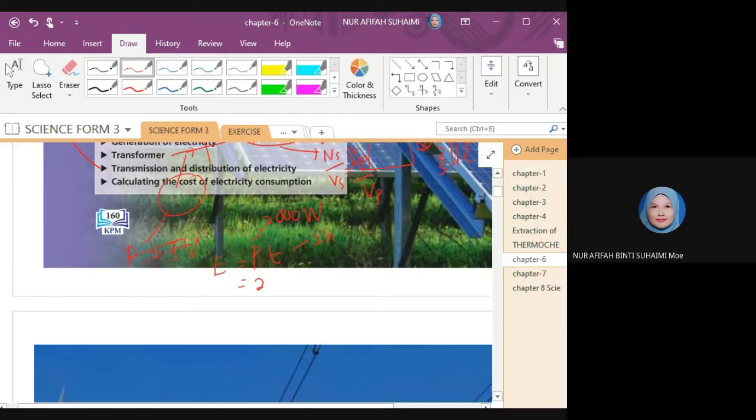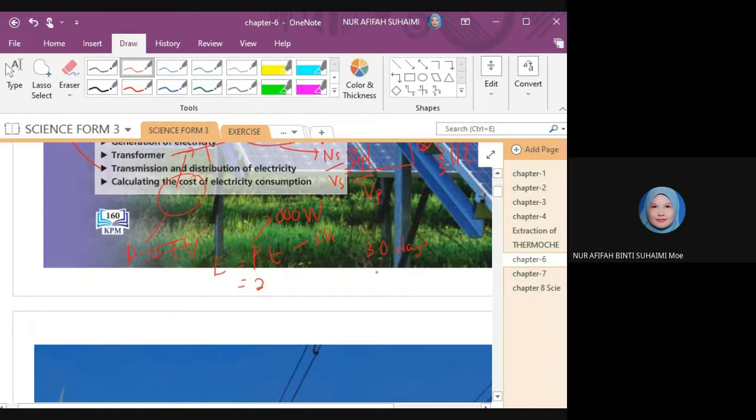Let's say the question asks you, what is the electrical energy usage in a month? Let's say in 30 days. And then calculate the cost.